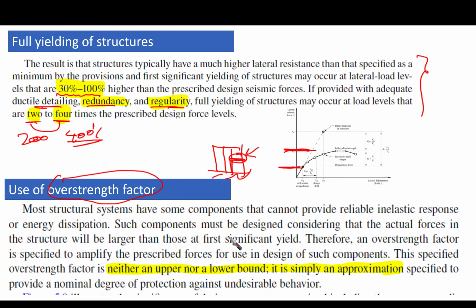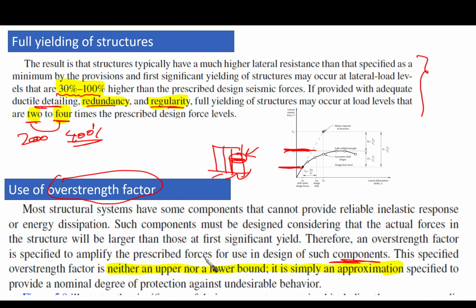It cannot work inelastically. Therefore, an overstrength factor is specified to amplify the prescribed forces for use in design of such components. Yes, that's right, especially if the components are important, like columns or collectors that are connecting between, or receiving some discontinuous walls, for example. This means that these are important elements and we cannot rely on their inelastic behavior.